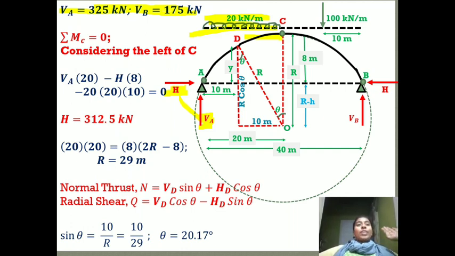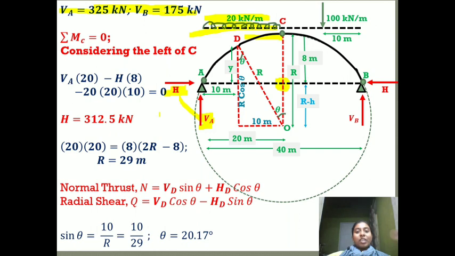Now we have found the vertical reaction at A, the vertical reaction at B, and the horizontal reactions at A and B. Now we will use the segmental chord theorem. Here this point is the segmentation point.